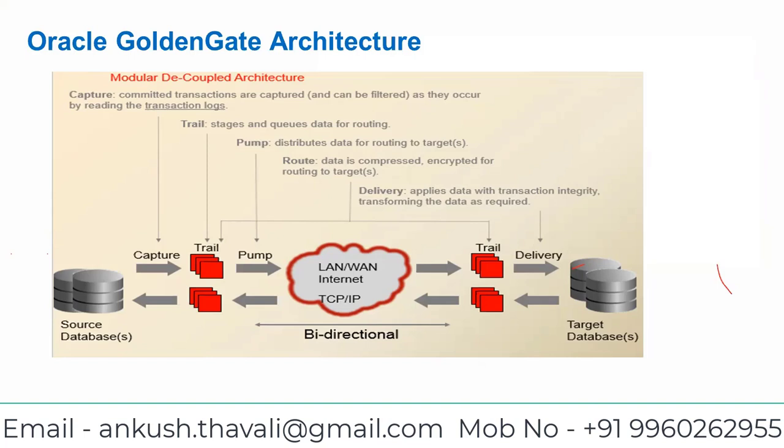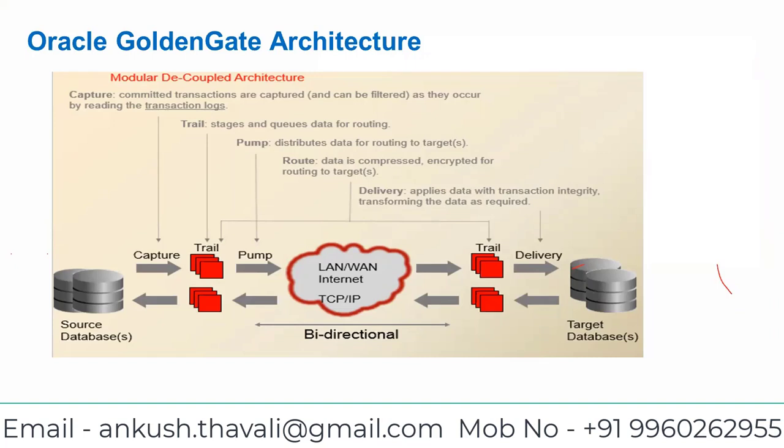For example, even if the network fails during the data transfer, the pump process will stop and it will save up to what point it has sent the data to the target. Once the network resumes, it will resume from the same point where it was stopped, ensuring zero data loss.